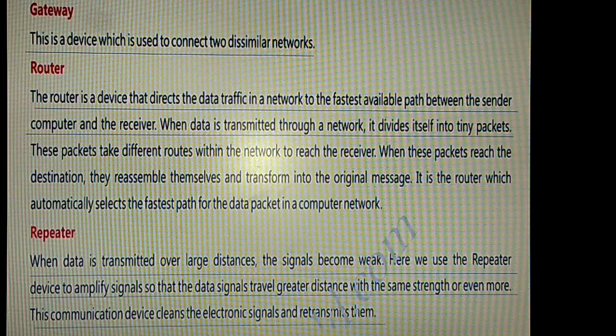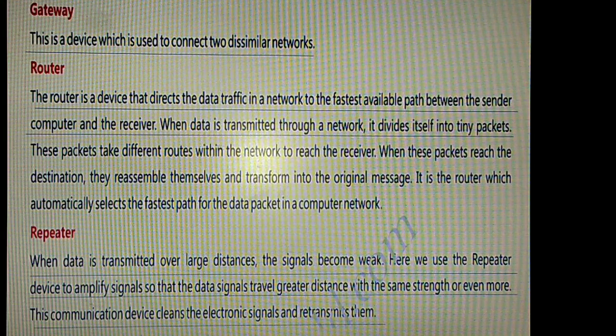So listen, understand the difference between the router and the repeater this way: when you use a router, the data comes as traffic in a network and is then divided into tiny packets. In a repeater, the data is transmitted over large distances, and at that time the signal becomes very weak.